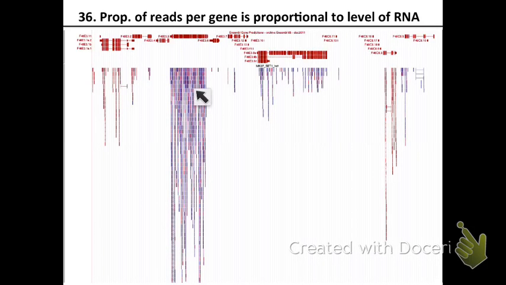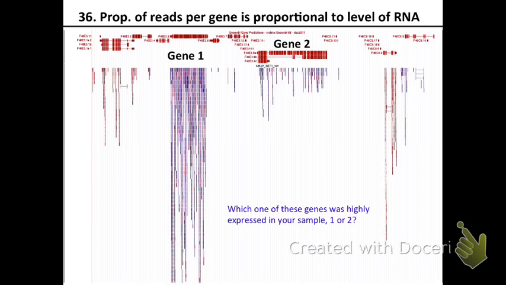That's not that important. But one thing I would like you to appreciate is to look at this data and immediately tell me which of these genes were more highly expressed compared to others. For example, in this sample, was gene 1 more expressed or gene 2? Gene 1. Perfect. Yep, so that's the principle.